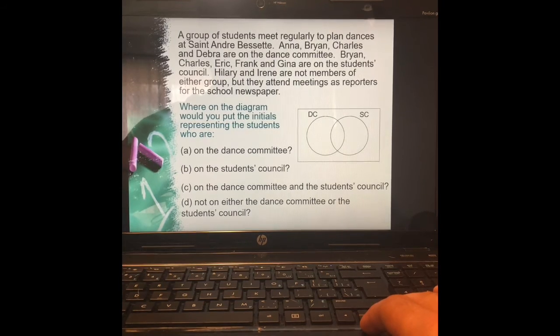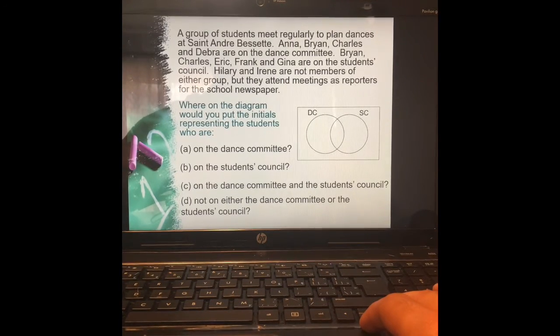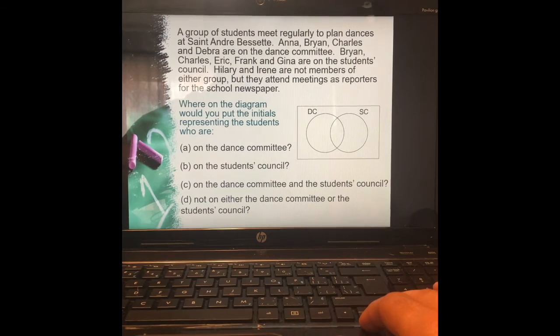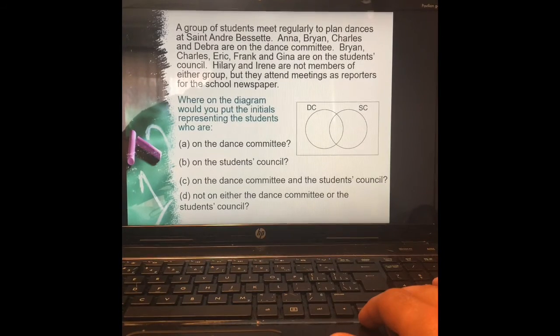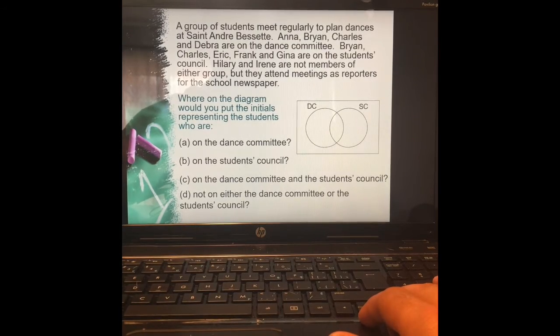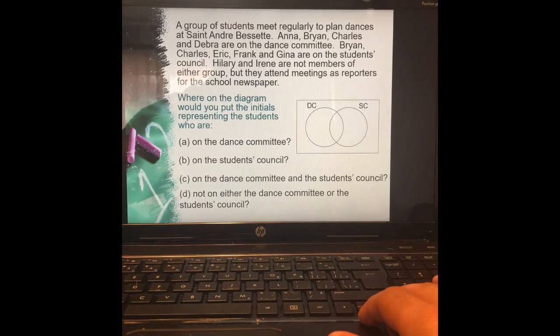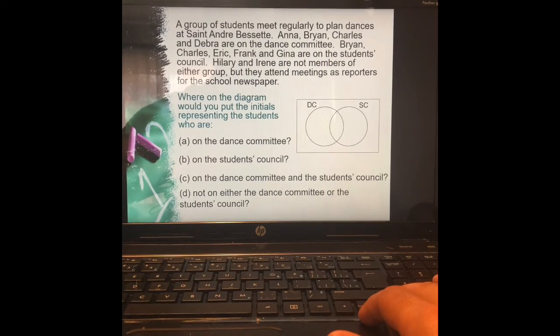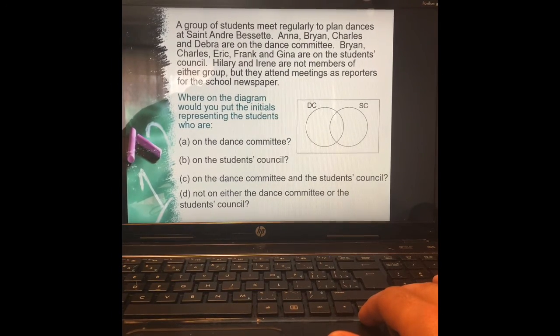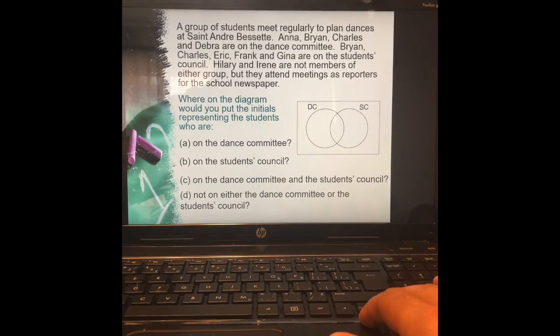Then you'd count up how many people total were in the committee: committee 1, the dance committee, committee 2, the student council committee, and then the visitors. But you'd have to subtract Brian because you counted him twice. So subtract him once because you counted him in both groups. Actually, Charles as well. Brian and Charles are on both committees.